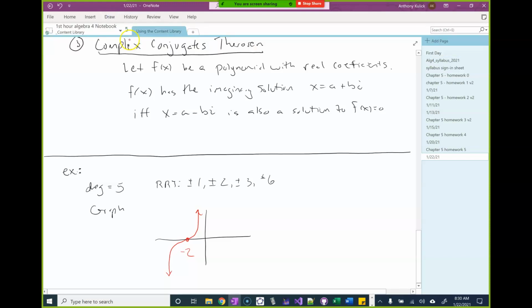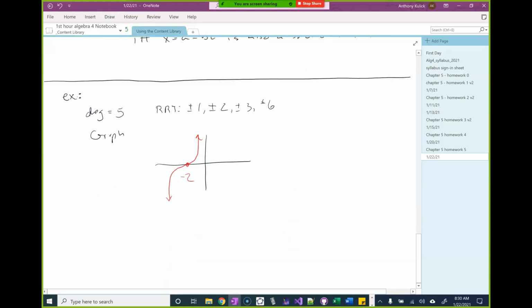Let's kind of make a little table to kind of sort through this. So let's look at what our possible solution sets could be.